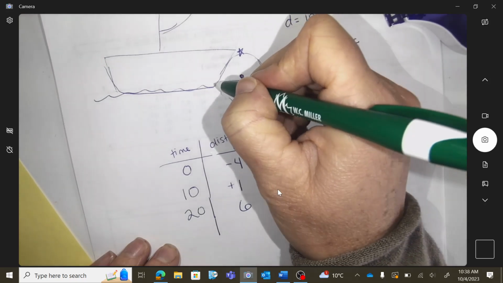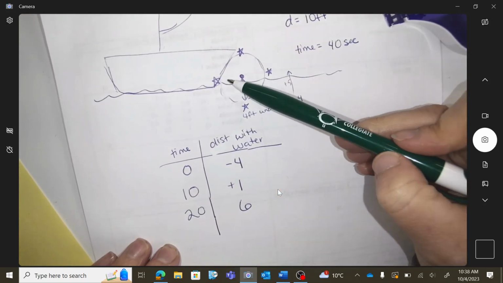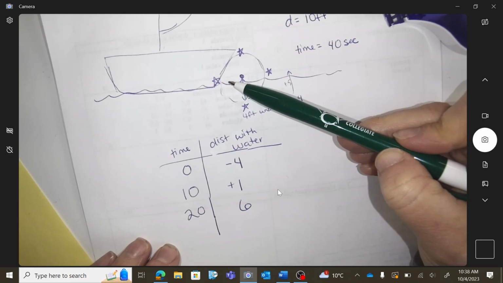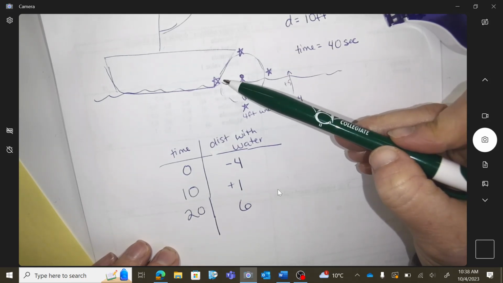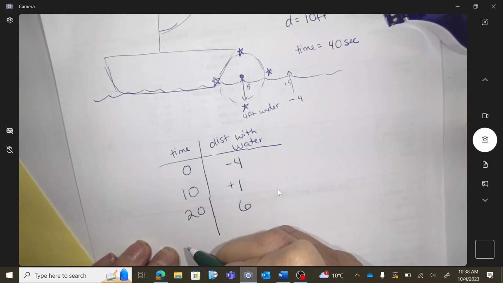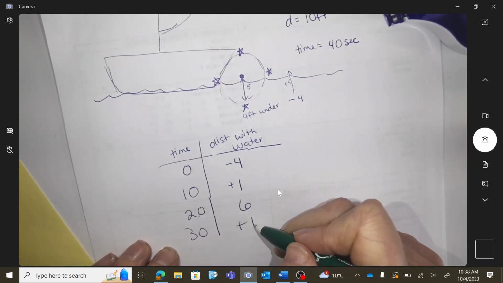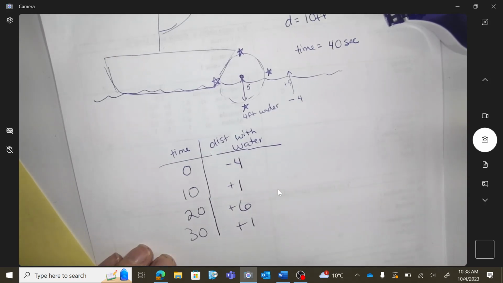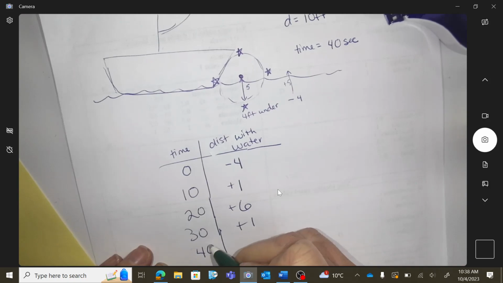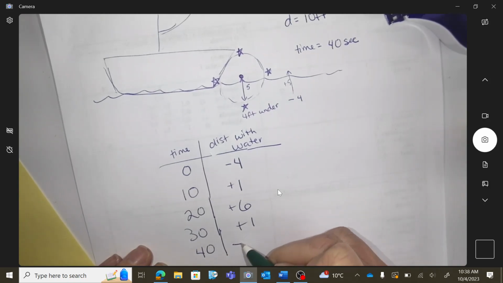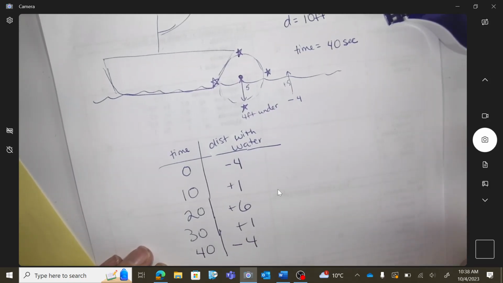Let's put the star onto this side. What's the time you are here? 30 seconds. And would you agree you're back to +1? Then we finish at 40 seconds, and we're back to -4.